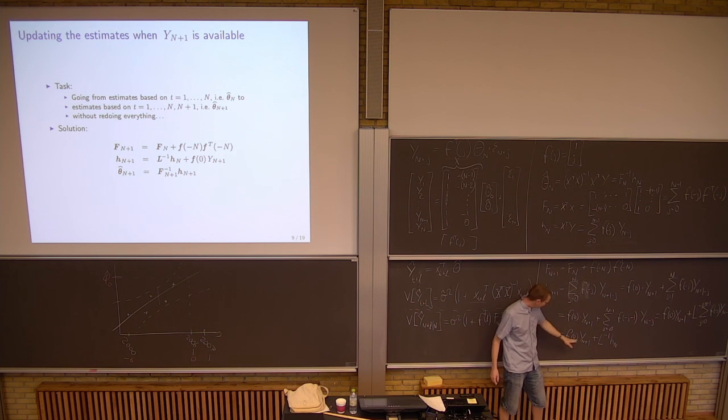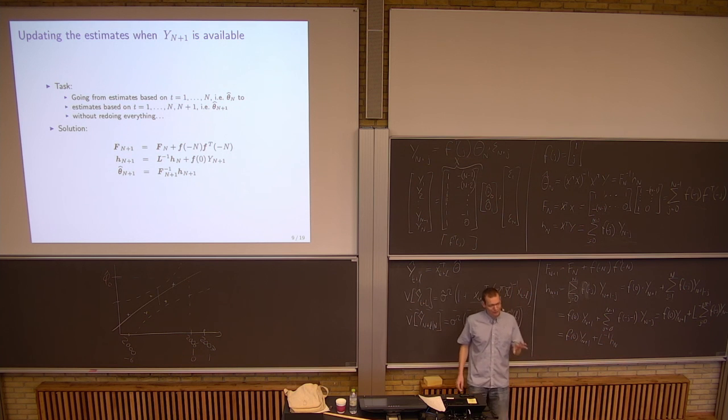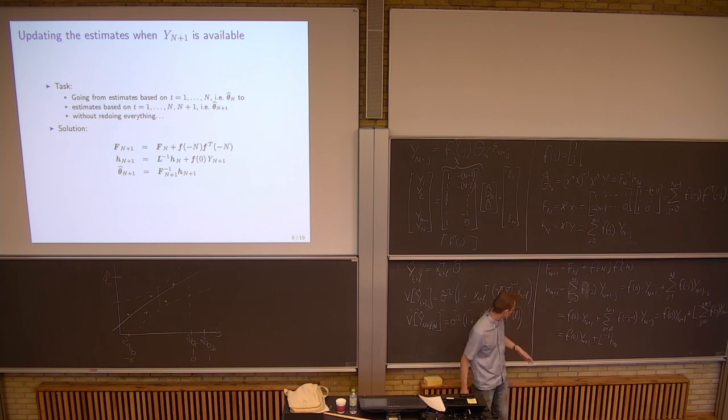For H, you multiply a 2x2 matrix with a vector of 2 elements, and multiply a vector with a scalar. So the number of operations to update these two is fairly easy. And then to get the estimate, as written here, you just invert f and multiply by h.